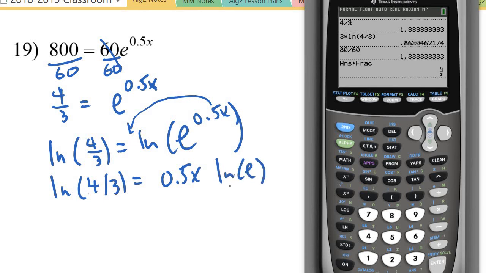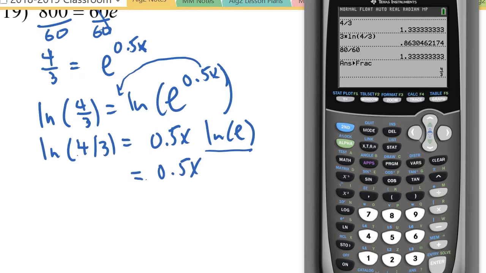Ln of e is just 1, so that is gone. So you have only this left. Now, to get x by itself, we need to divide both sides by 0.5. So divided by 0.5, divided by 0.5.